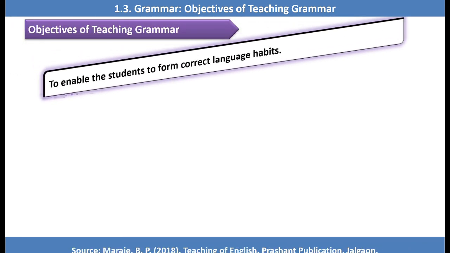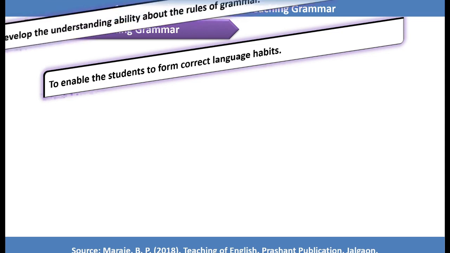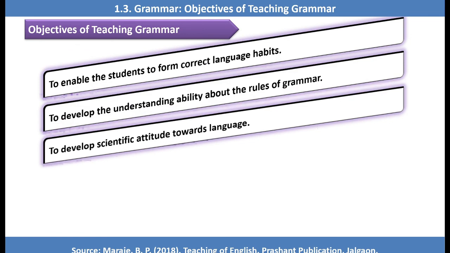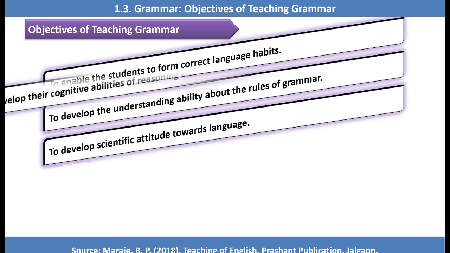Then, to enable the students to form correct language habits. Again, we have to develop understanding ability among the students about the grammar rules. To develop a scientific attitude towards a language, as we have seen in the definition.